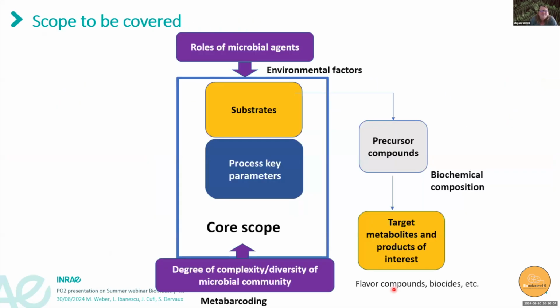So now the scope to be covered in these projects, in this specific domain ontology, we will extend the vocabulary of TransformON to the concepts dealing with microbial agents, namely the degree of complexity of the microbial community and the role of microbial agents in the process, because the core scope is the process key parameters, as well as the different types of substrates.